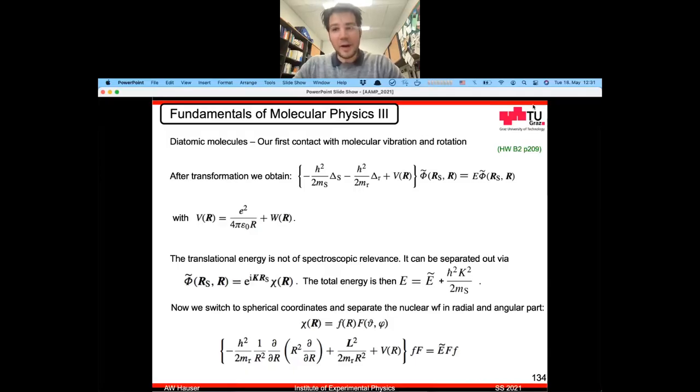which is our chi of R, with R denoting the difference, so the relative position or the relative distance between the two nuclei. Here we once again do a separation, so we write this chi of R now as a function of r, where r is now denoting a scalar value, namely the distance, multiplied by a function which is only dependent on the angles theta and phi.